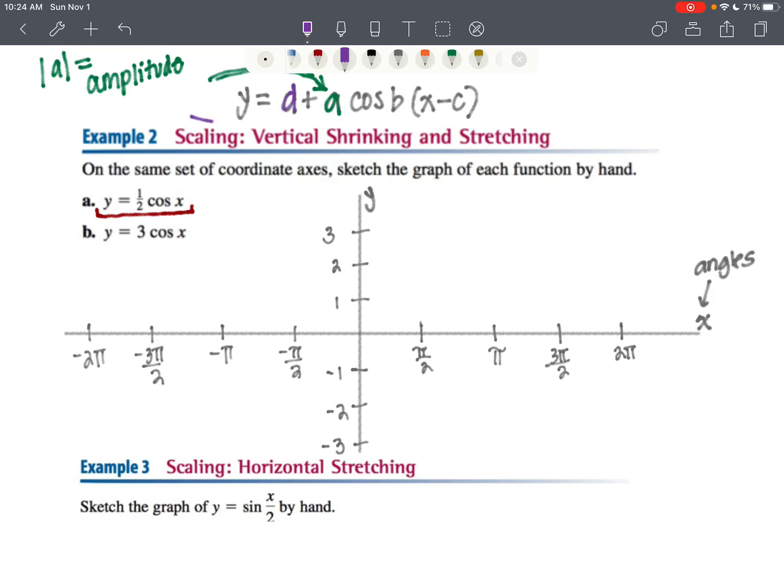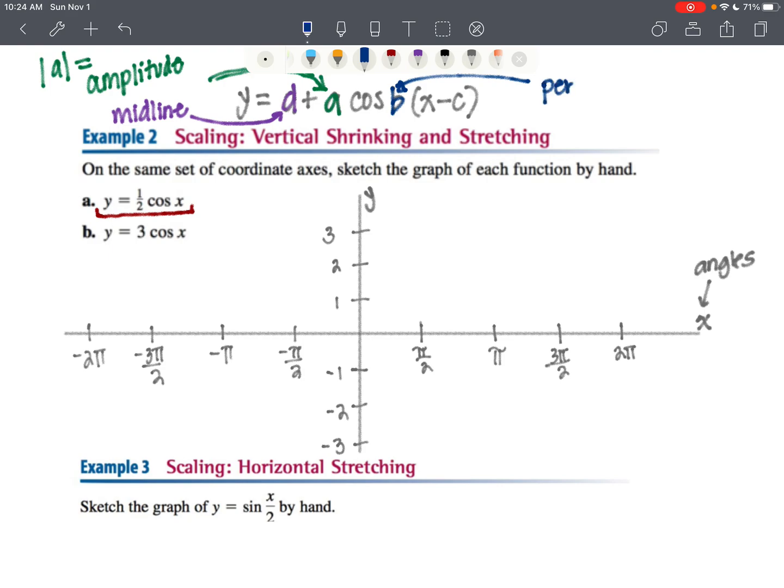D is where the midline is located. Now I'm going to write in there what B is, although we're not going to work with B until the next example. B affects your period.